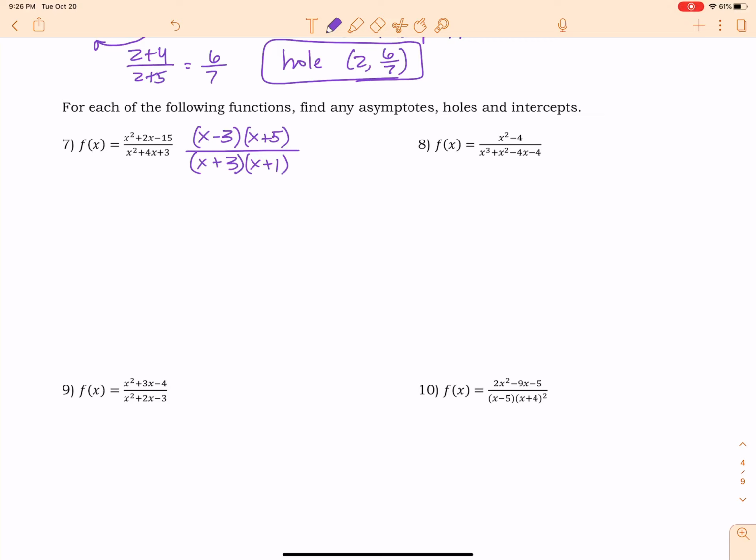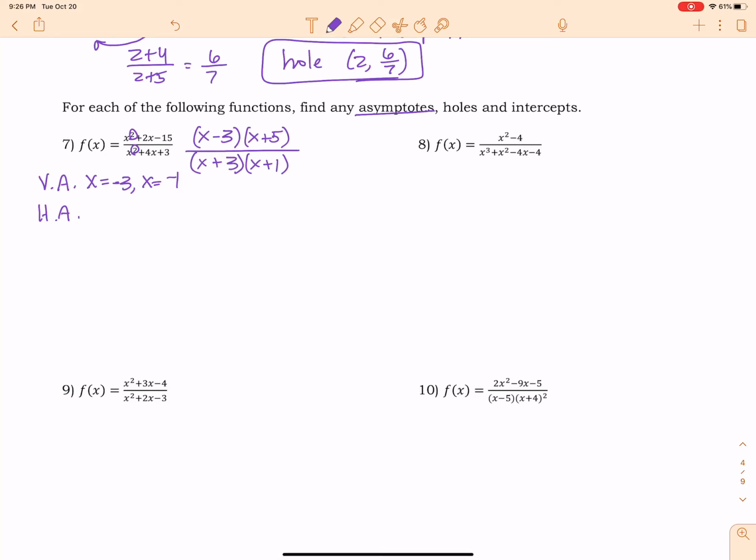So let's find all of the other stuff. So the vertical asymptotes are going to occur at x equals -3 and x equals -1. The horizontal asymptotes, let's see if there are any of those. The degree in the numerator is equal to the degree in the denominator.